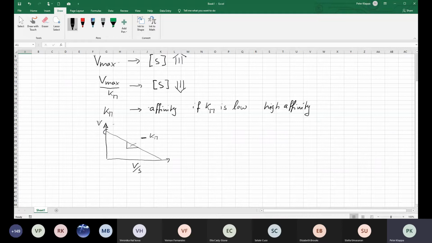The y-intercept gives us Vmax, and Vmax over Km is this point here. Okay.